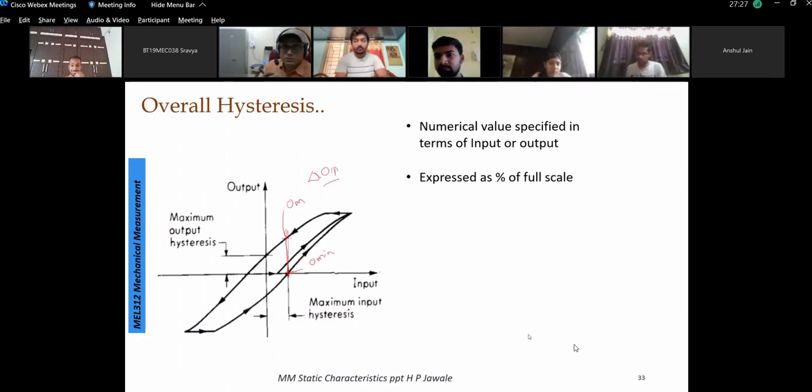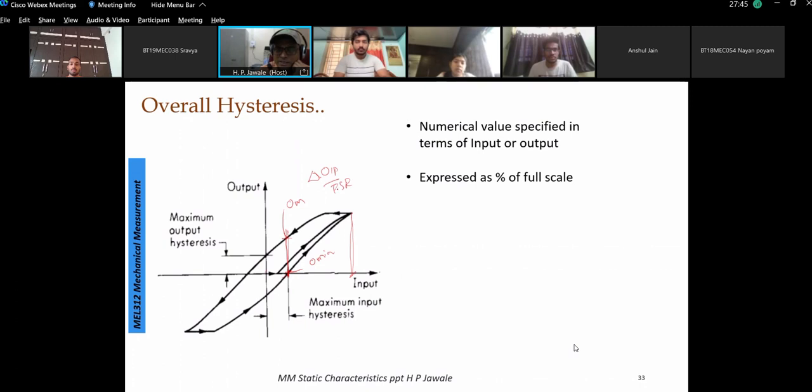Okay. So then we are going to express the deviation over the full scale. Say for example, the maximum input that I am going to give here, if it is known, the full scale reading of this instrument is known, we can call this FSR. Exactly similar to the specification of the linearity. Then we express that in terms of percentage.